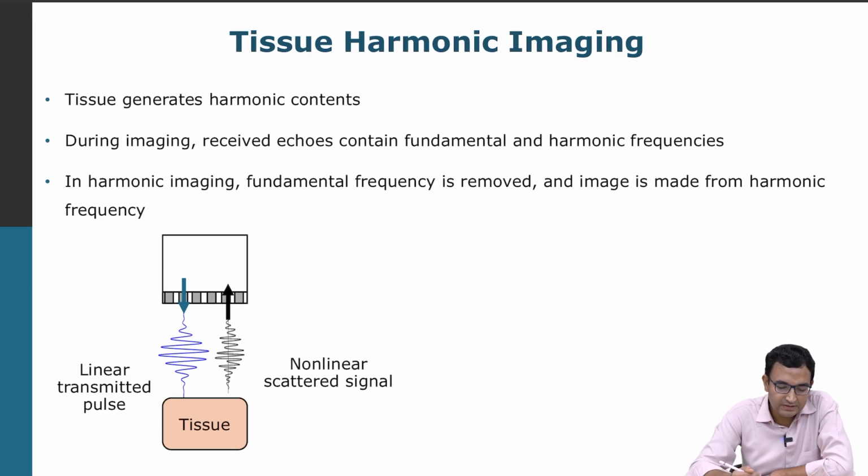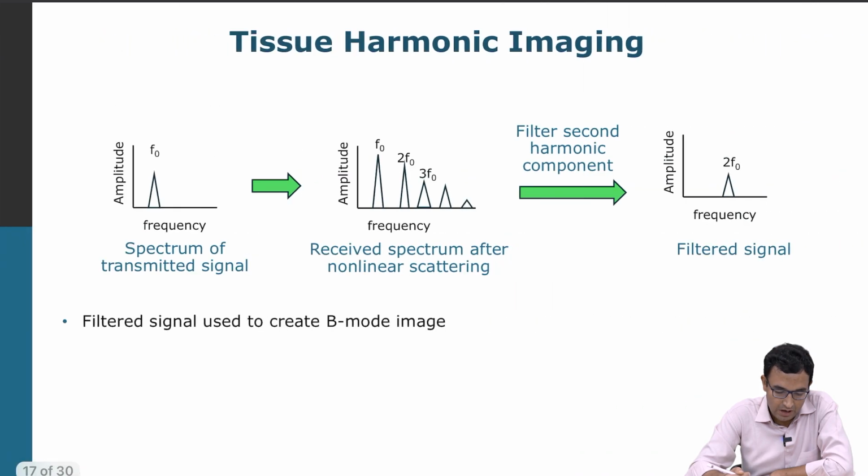Now we can do some processing and eliminate the fundamental frequency so that only the harmonic frequency remains. The image that we can create with these harmonic frequencies is called a harmonic image, for example, a second harmonic image. So what's the benefit? These images will have better lateral resolution, like I said, because of higher frequency, and at the same time, lower side lobe levels.